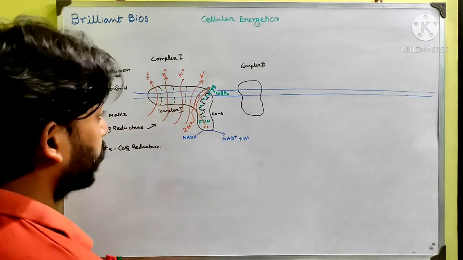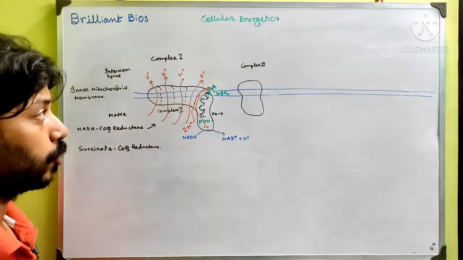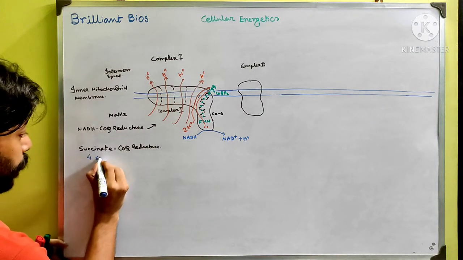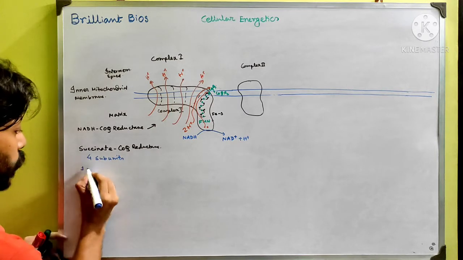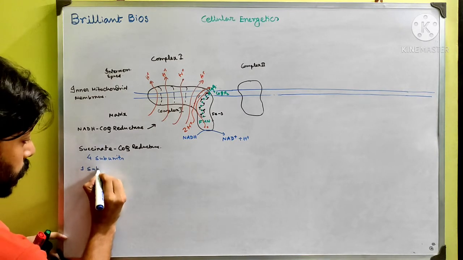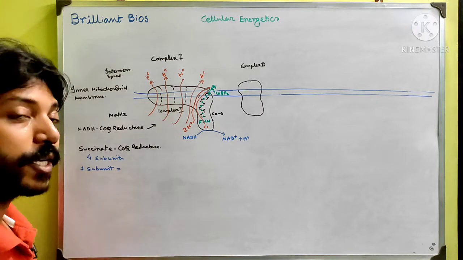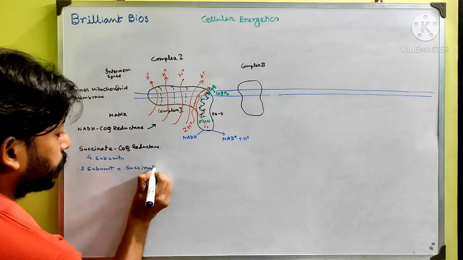I want to mention the number of subunits. This complex 2 is composed of 4 subunits, and among them one subunit is very important. That subunit is an enzyme called succinate dehydrogenase.